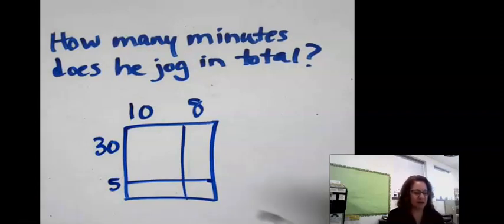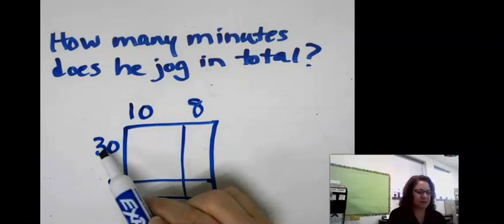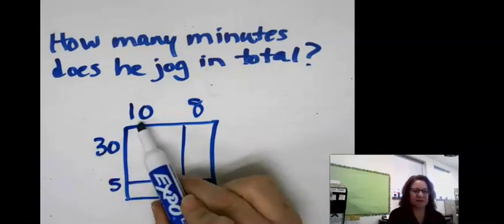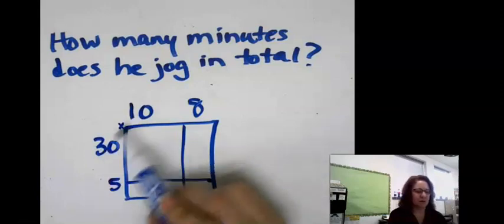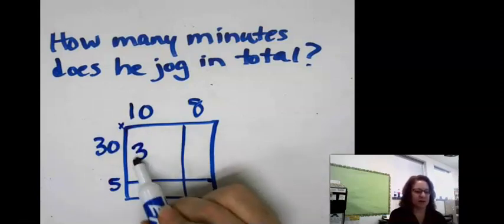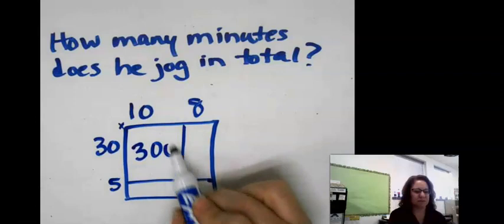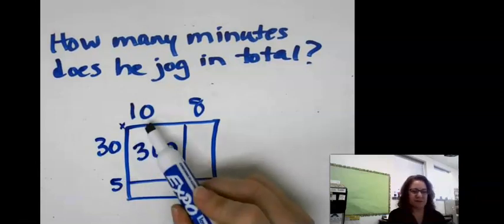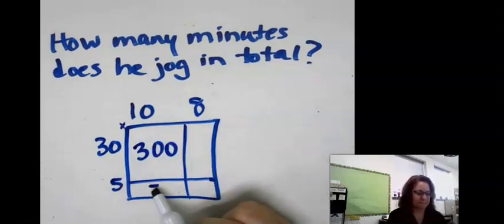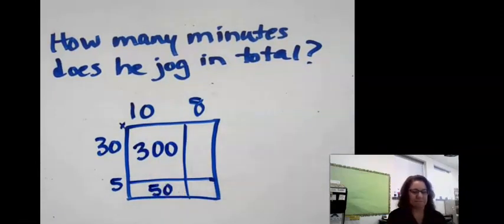See if you got the same thing as I do. 30 times 10 is our first step, or 3 times 1, which is 3, plus 2 trailing zeros. 30 times 10 is 300. Then we do 5 times 10, which is 50.